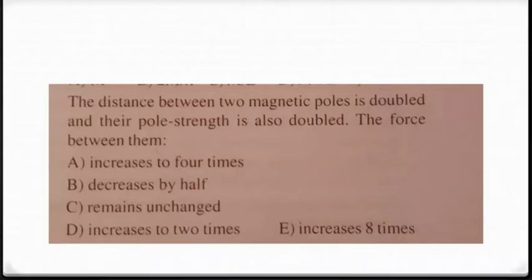When r becomes 2r, its square means 4 times. So everything gets cancelled and the right answer will be option C, remains unchanged. This is based on the force equation, F directly proportional to the product of magnetic poles divided by the square of the distance between them.